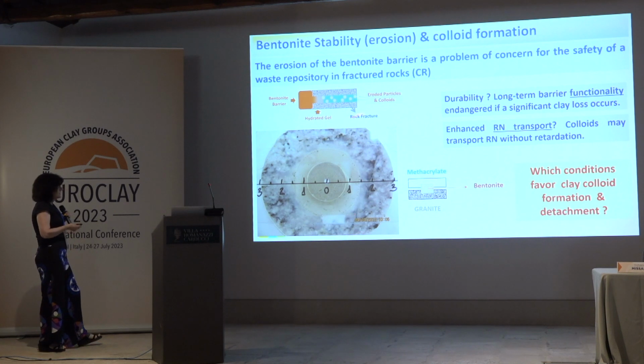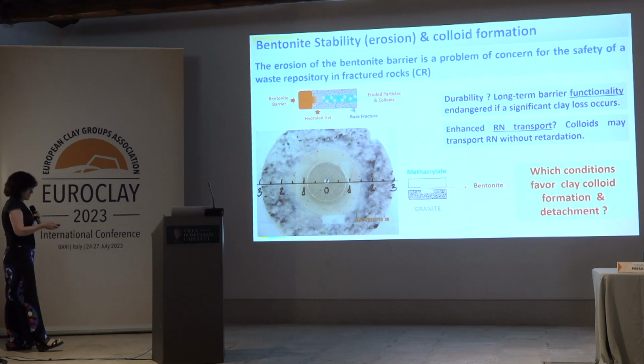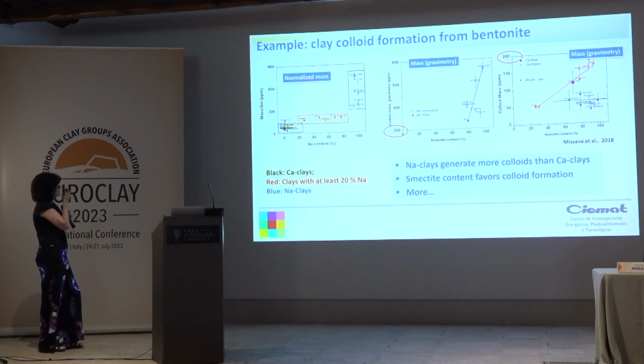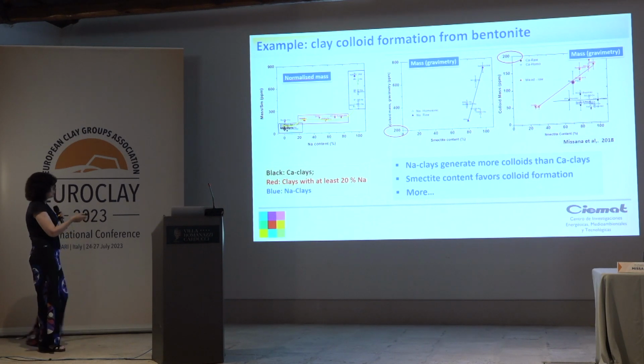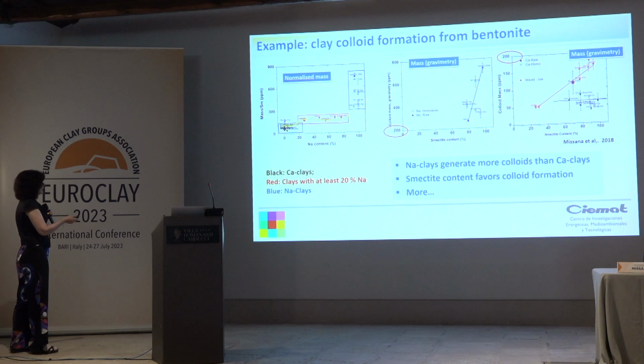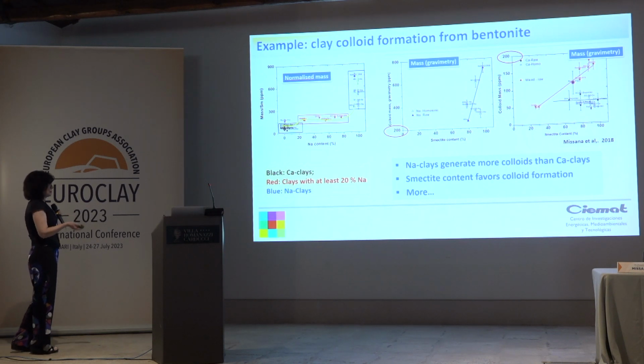So we made a lot of experiments in order to establish which conditions can favor colloid formation and detachment from the clay surface. This is an example of an experiment that we made some time ago with very different bentonites. We tried to observe the colloidal properties of each of these bentonites. For example, here is the dependence of the generation of colloids, the mass of particles detached, as a function of the sodium content.